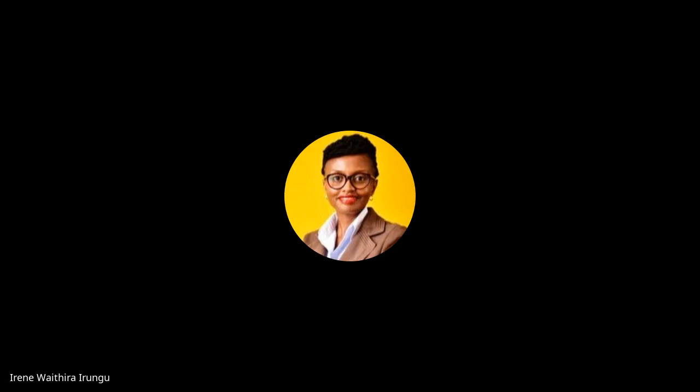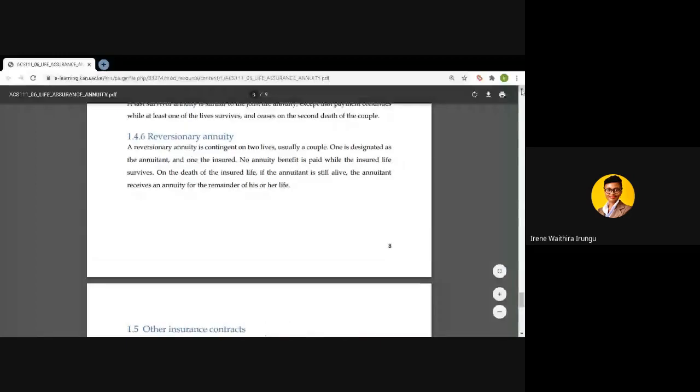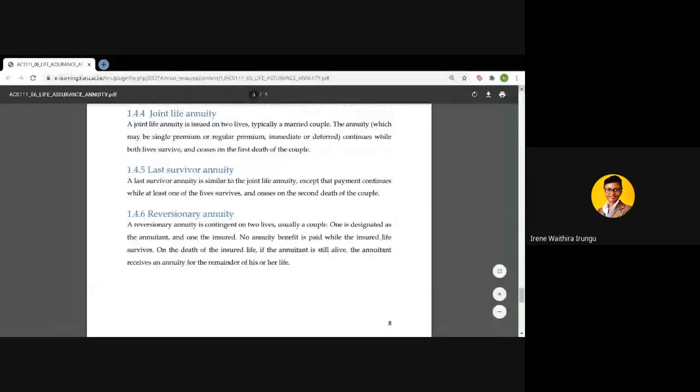We also have what we call the reversionary annuity. Remember, like we said for the joint life, even for the last survivor, it can either be a single premium or a regular premium, or it can be immediate or deferred. In the same sense, for a reversionary, it can also be single premium or regular premium, or immediate or deferred.